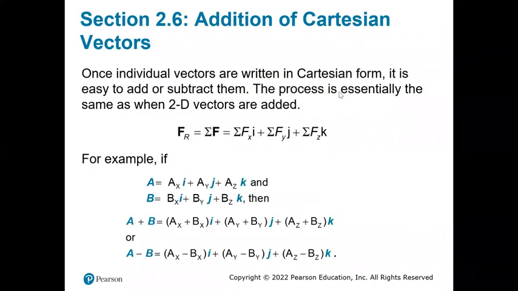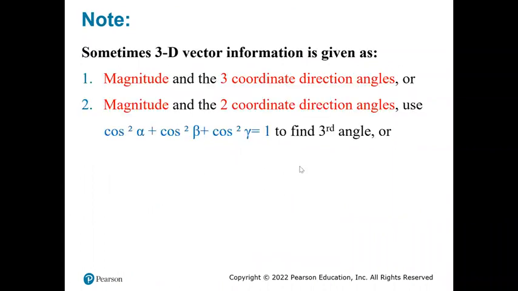Okay, some important notes. Sometimes 3D vector information is given. You are sometimes given the magnitude and then you are given the three coordinate angles. Then you can easily get our forces in each direction. Sometimes you are given the magnitude and only two of your coordinate angles. So you're not given the third one. How do we find the third one?